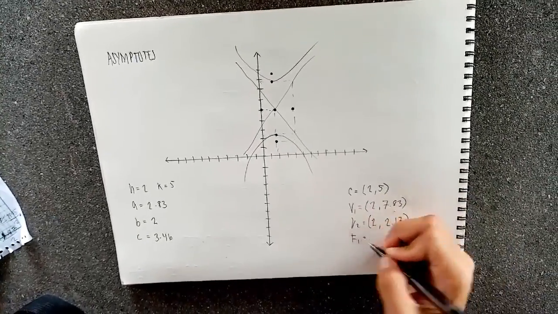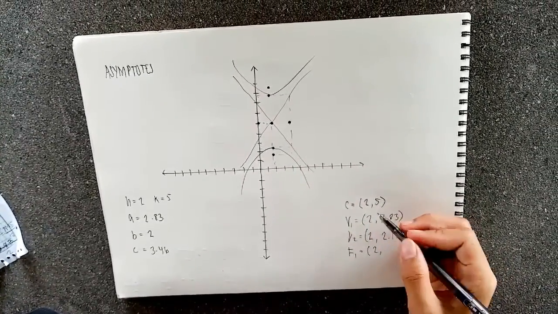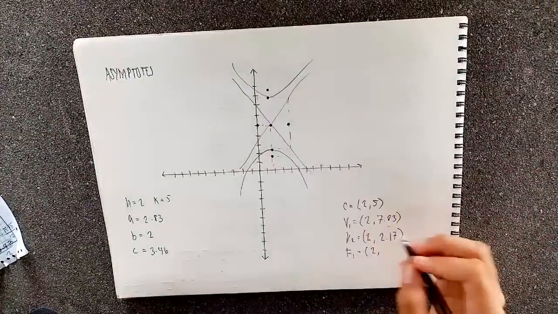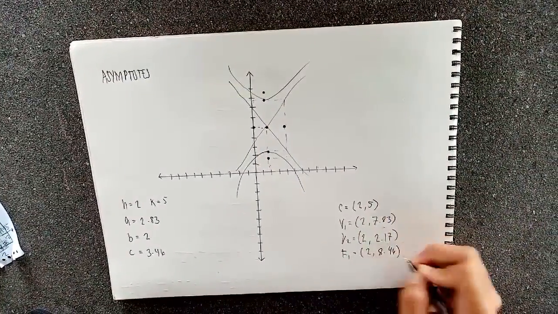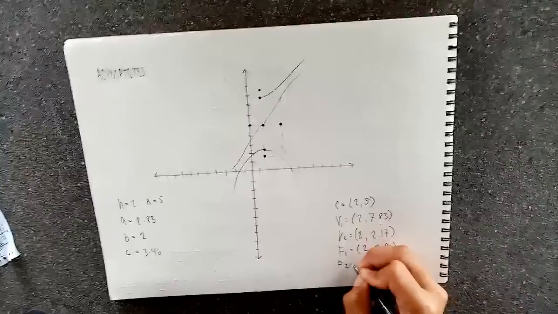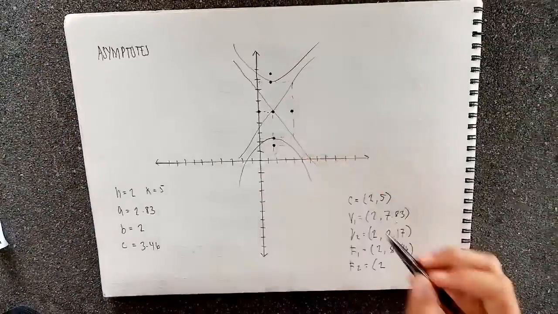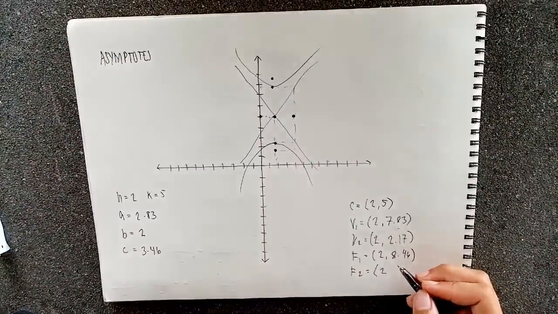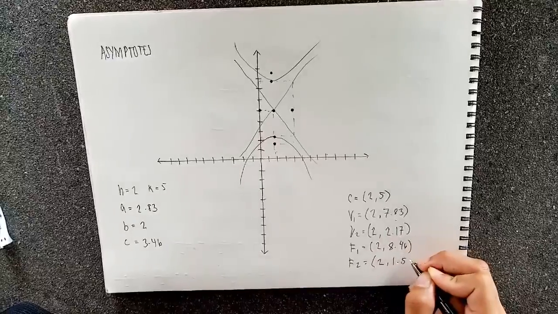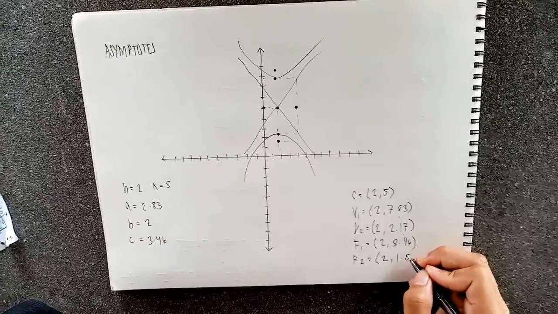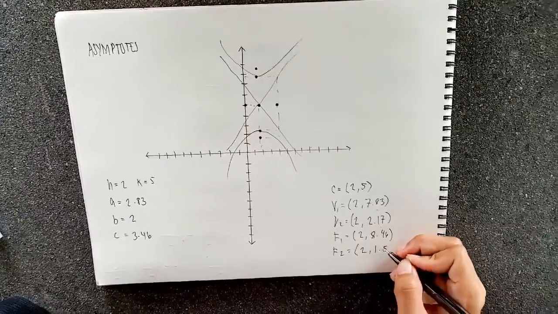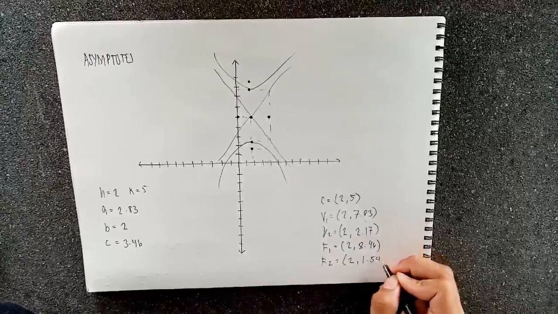Next our F1 will be 2 and 8.46, and our F2 will be 2 and 1.54.